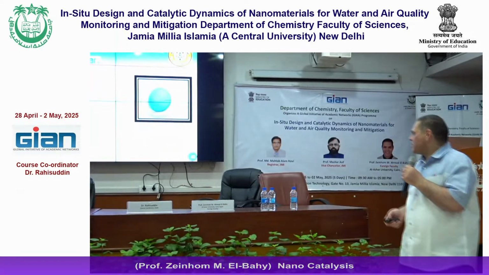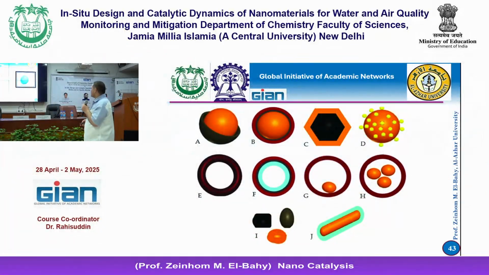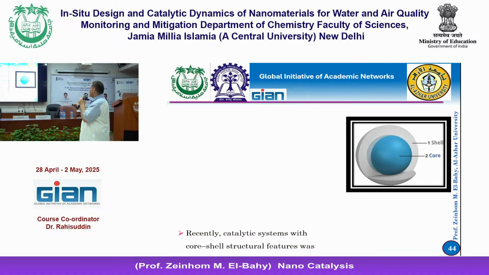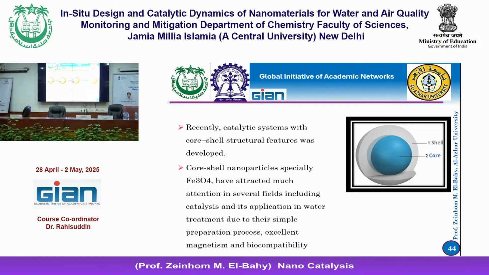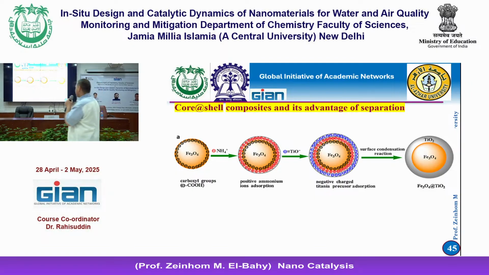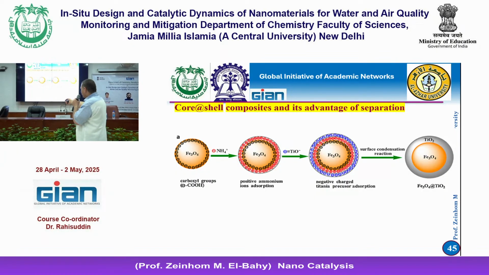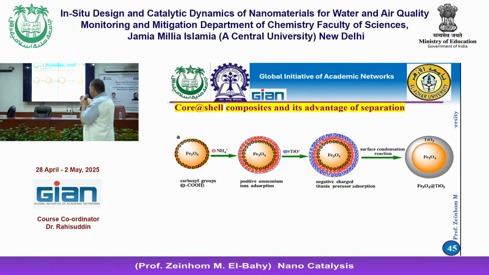Let me show you something. This is the core, and it is the same story that we mentioned. This is an example we already prepared. This is magnetite, and then we add titanium as a first shell.